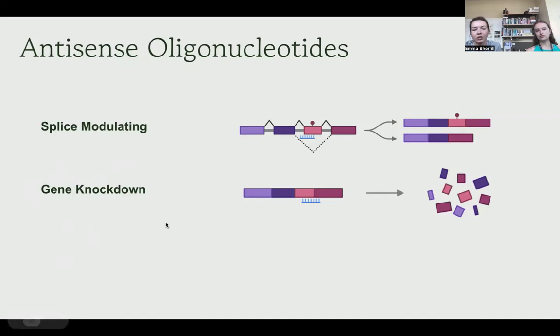But gene knockdown ASOs work in a different way. They have a different structure where rather than just being modified RNA, they have an RNA DNA RNA structure with a gap of DNA in the middle that is used to degrade the mRNA.